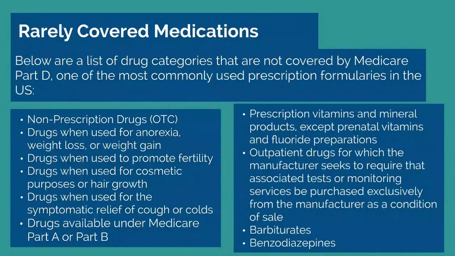So as you can see, we have a wide range of medications that are actually not covered by Medicare Part D, and that's one of the most commonly used formularies, not even the strictest.